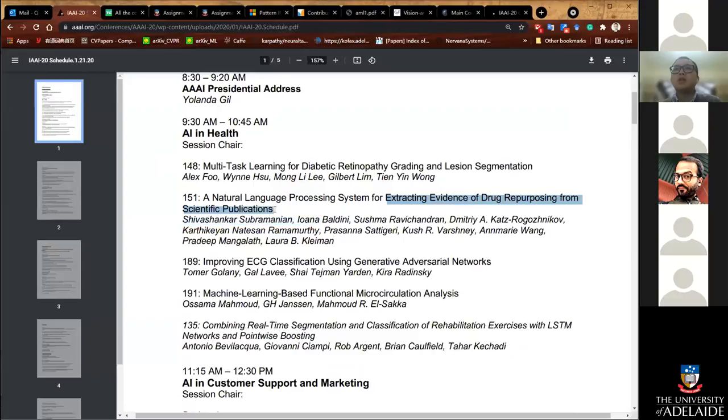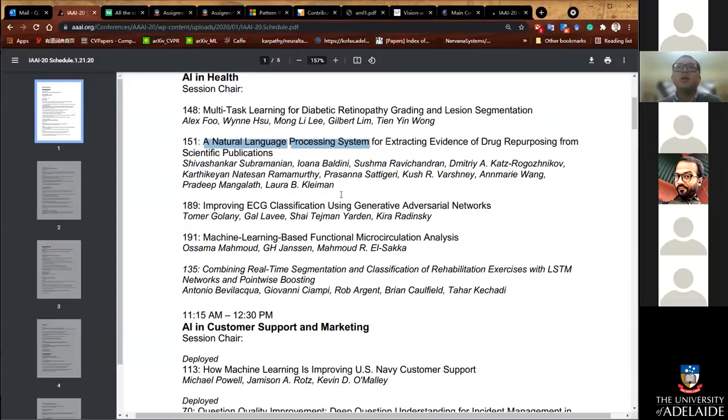Improving ECG classification using generative adversarial networks. Most students, like you just mentioned, are working on generative adversarial networks. These people use generative networks to improve ECG classification. That's the application, and that's the method.